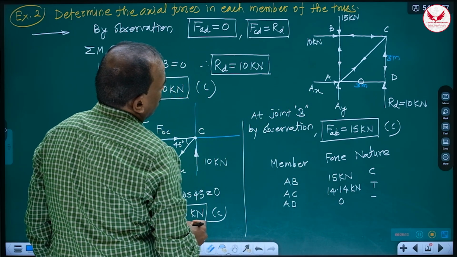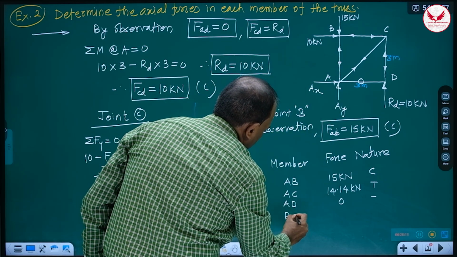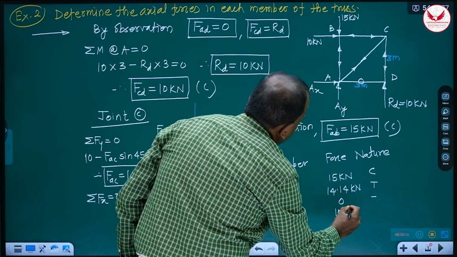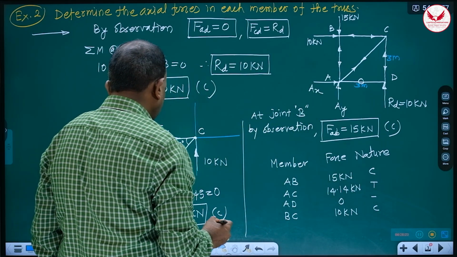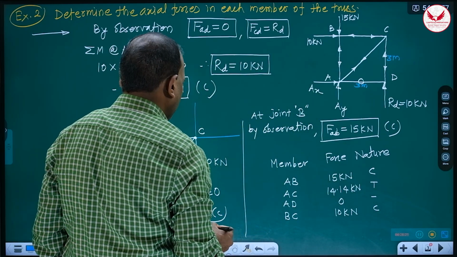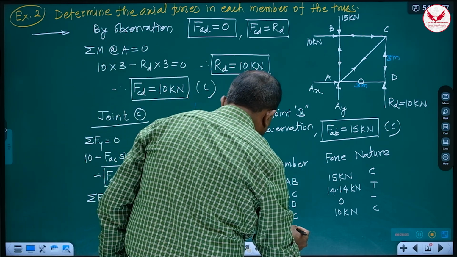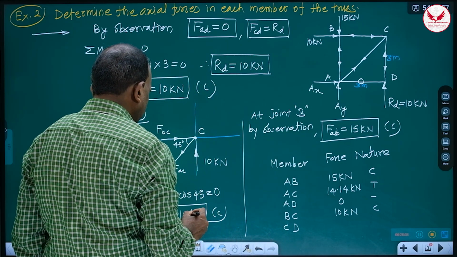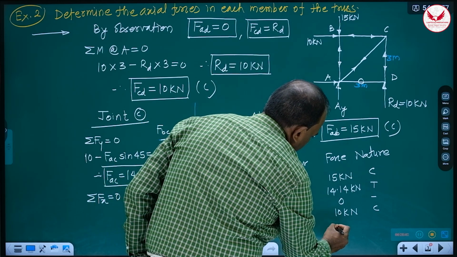Then BC. BC is, its magnitude is 10 kilonewton. 10 kilonewton towards joint compressive. And then last one is CD. CD, so it is also 10 kilonewton compressive.